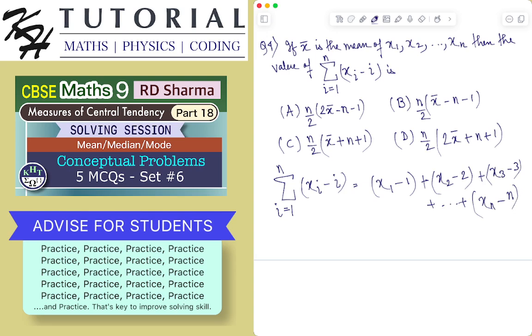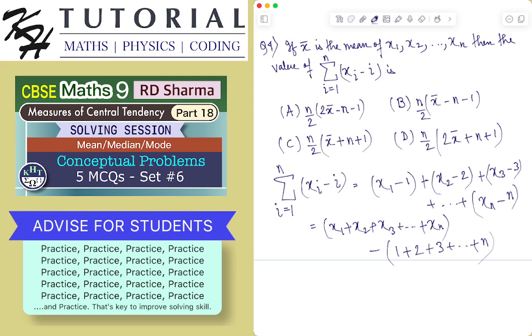Now if I rearrange the terms on the right hand side, I will have x1 plus x2 plus x3 up to xn, and then if I collect all the minus 1, minus 2, minus 3 up to minus n, it will be the negative of 1 plus 2 plus 3 up to n.